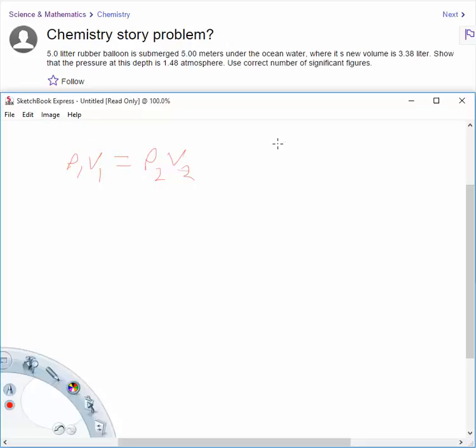Alright, so what's P1? I said that the 5-liter rubber balloon is submerged, so it must be 5 liters at sea level. So that must be 1 ATM, 1 atmosphere.